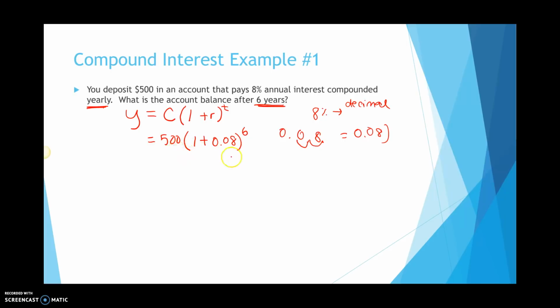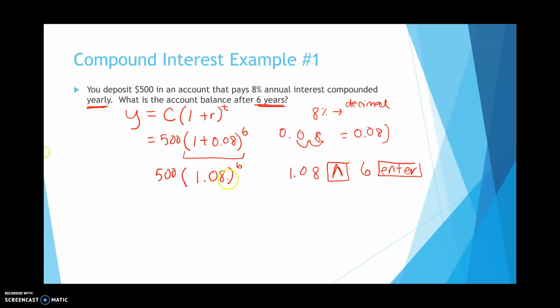So first you need to think of order of operations when solving this. Let's take care of what's in the parentheses first. So 1 plus 0.08 is going to give me 1.08, which is raised to the 6th power. So in your calculator, plug in 1.08 raised, that caret button on your calculator, to the 6th power, and then press enter to get your answer, and it's going to be a decimal.